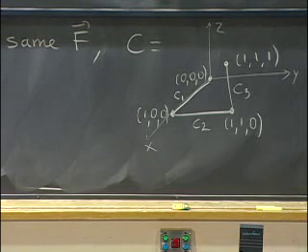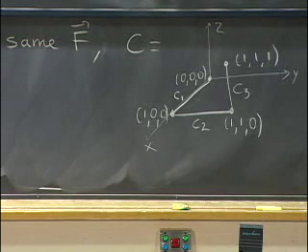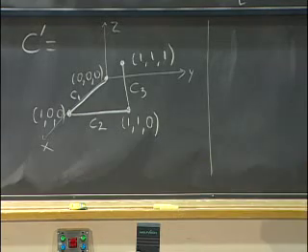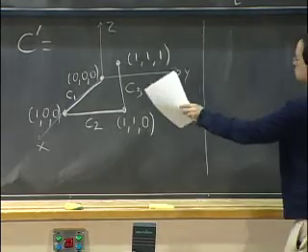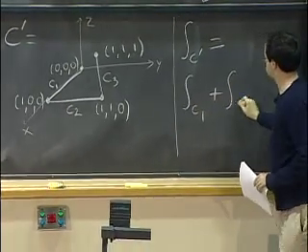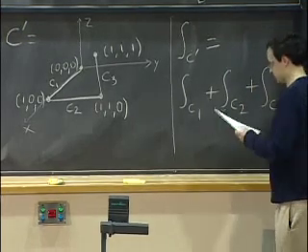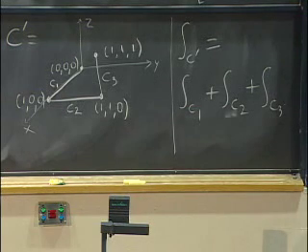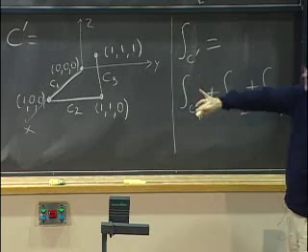Okay, so if we want to compute the line integral along this guy, then we have to actually break it into a sum of 3 terms. Okay? So, well, actually, maybe I should call that C prime, not C, because it's not the same C anymore. So I want to do the sum of the line integrals along C1, C2, and C3. And if I look at C1, or at C2, actually, C1 and C2 take place inside the xy plane.